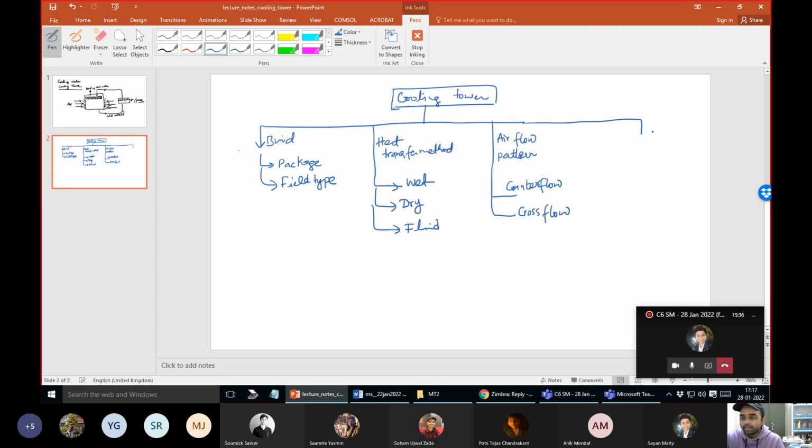And the classifications can also be made based on the air draft condition, whether it is atmospheric, whether it is natural draft, or whether it's mechanically forced draft. So in this mechanical type of draft, there are again two types. One is known as the induced draft, and another is known as the forced draft.